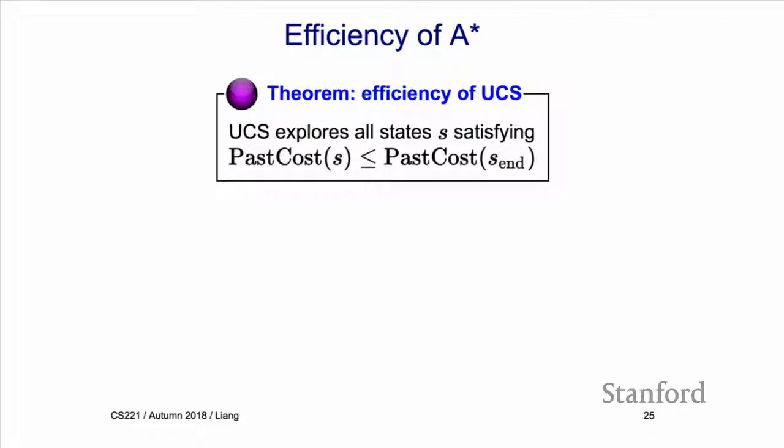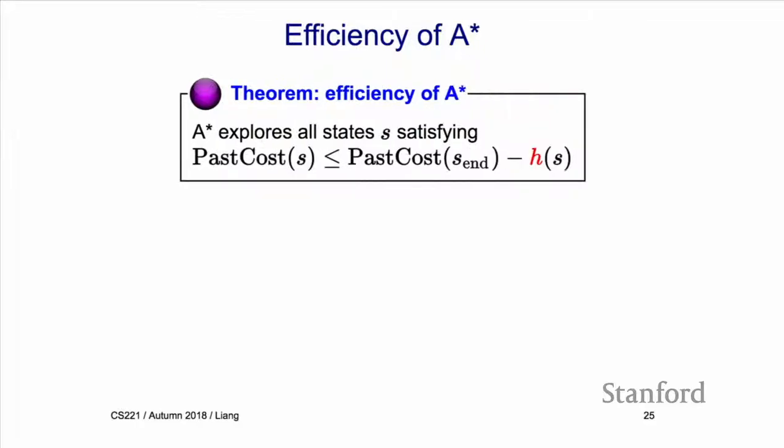So that's this inequality right here. Any state s that's less than the cost of the end state, we'll explore it. And it turns out that for A star search, we'll explore every state s that's less than the thing on the right now. So it subtracts out h of s. And why is this true? So let's write this up and have a look.